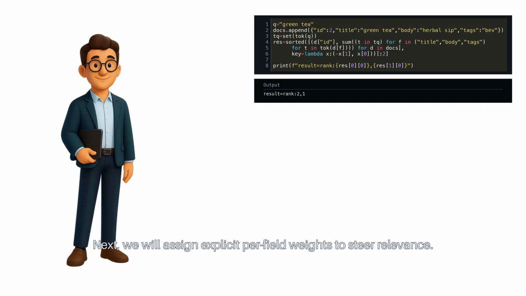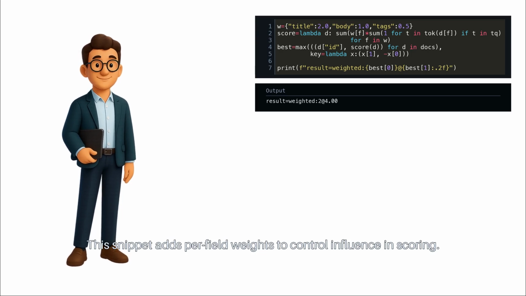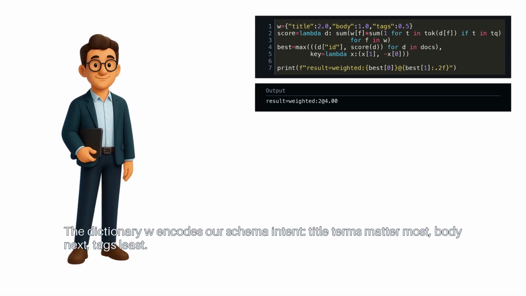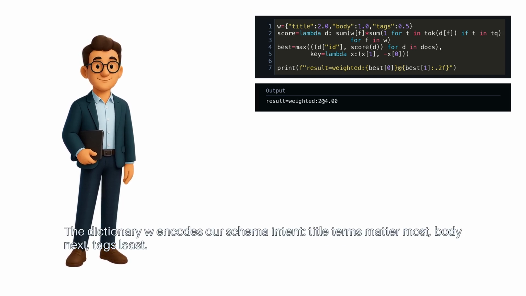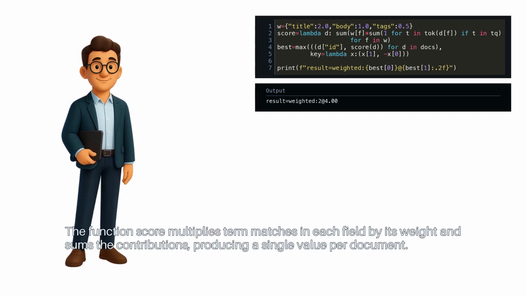Next, we will assign explicit per-field weights to steer relevance. This snippet adds per-field weights to control influence in scoring. The dictionary W encodes our schema intent. Title terms matter most, body next, tags least. The function score multiplies term matches in each field by its weight and sums the contributions, producing a single value per document.